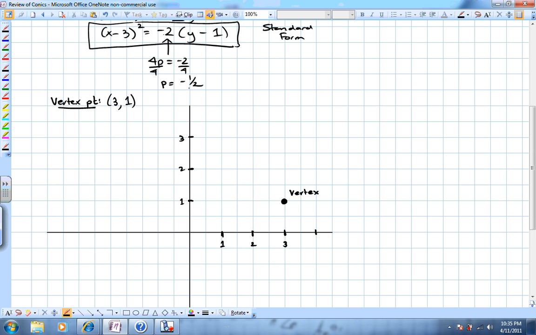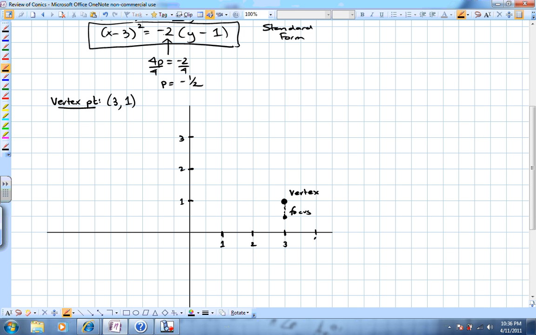The p-value is negative 1/2. So from the vertex, since it's negative 1/2, I have to travel that negative half unit down, and I'm going to plot the focus point. Actually, it is all the way over here because of my scale.